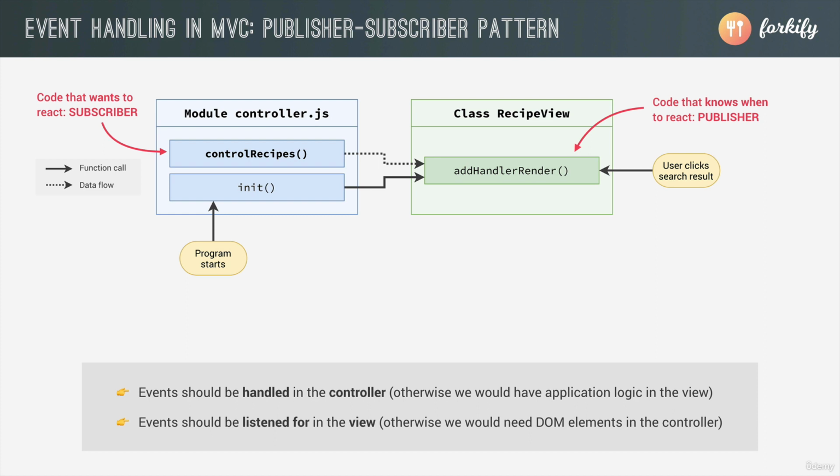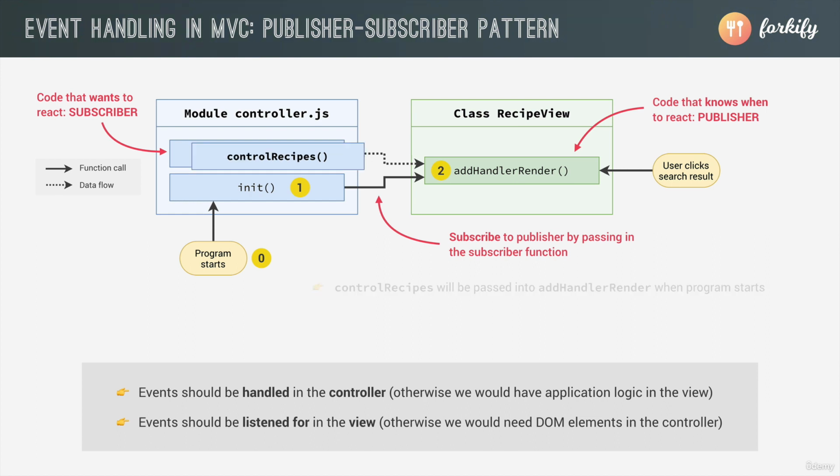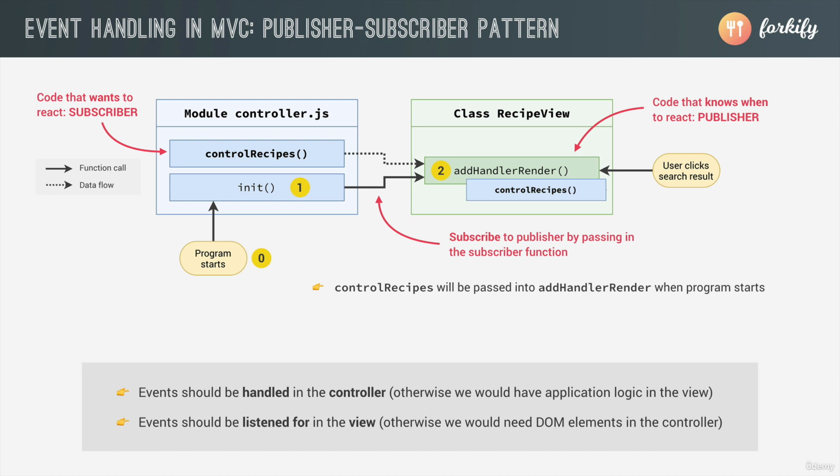Okay, but now finally comes the solution to the problem. So the solution is that we can now subscribe to the publisher by passing in the subscriber function as an argument. Now in practice, that means that as soon as the program loads, the init function is called, which in turn immediately calls the add_handler_render function from the view. And that is possible, remember, because the controller does in fact import both the view and the model, right? Now, anyway, as we call add_handler_render, we pass in our control recipes function as an argument.